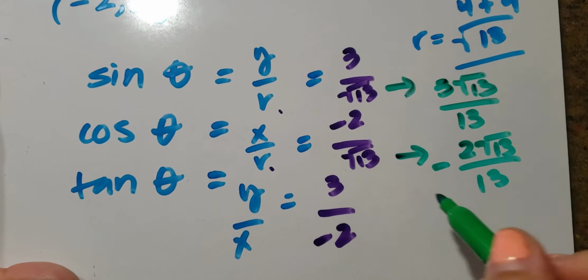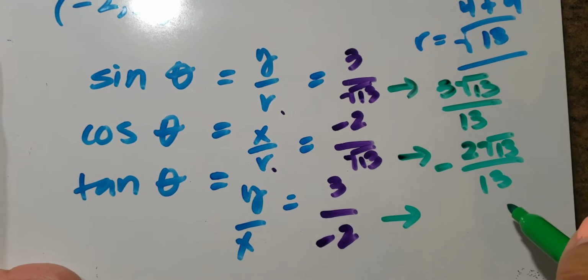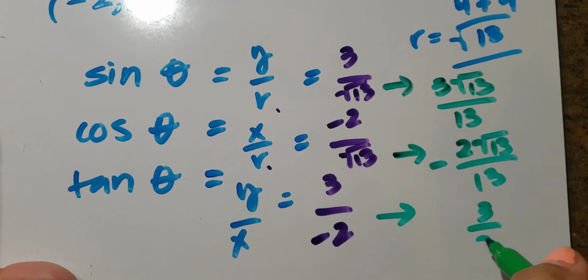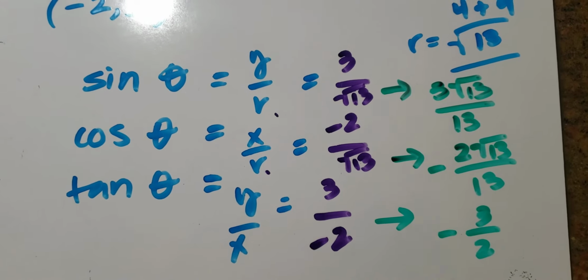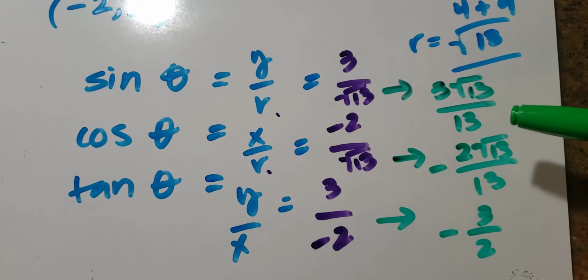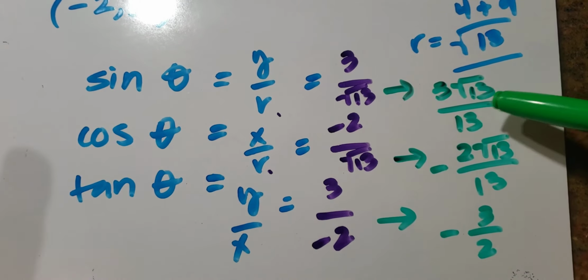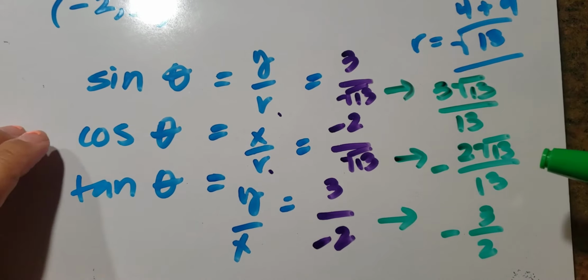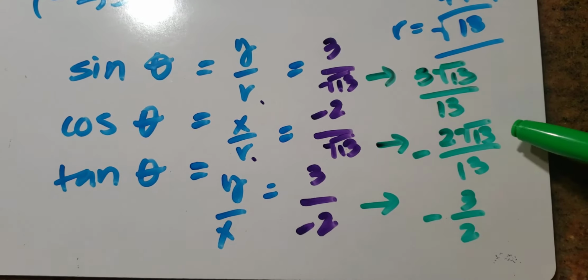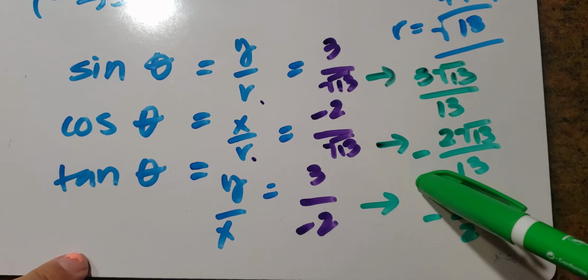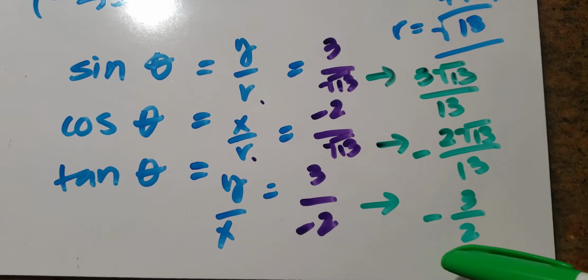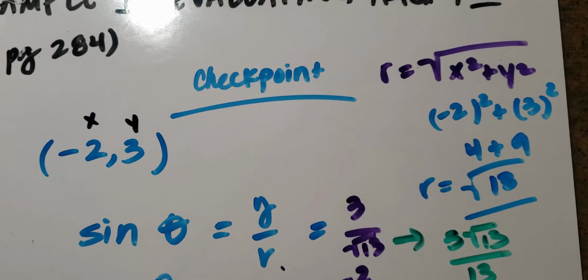And then this one will stay the same, but let me just clean it up. It'll be 3 over 2, and of course, it's negative. Okay? So your sine of theta should be 3 radical 13 over 13. Cosine of theta should be -2 radical 13 over 13. Tangent of theta should be -3 over 2. And that's it. We just evaluated our trig functions. Okay? Awesome. And then this was the checkpoint.